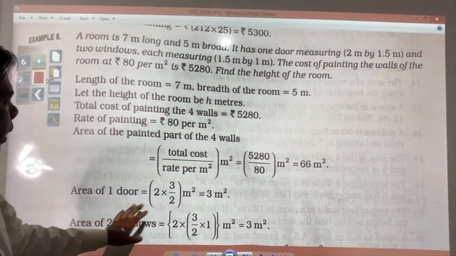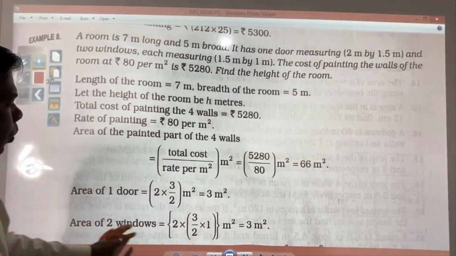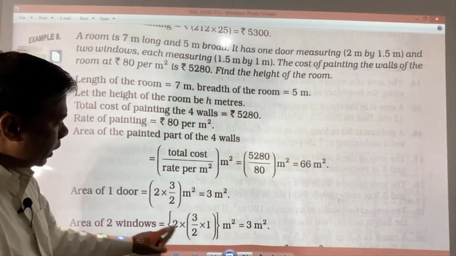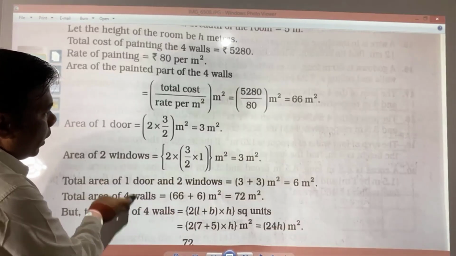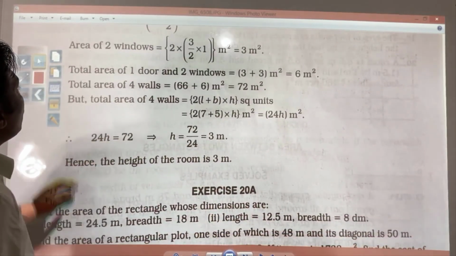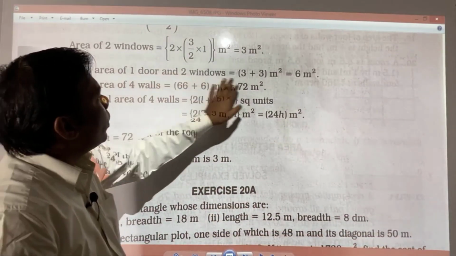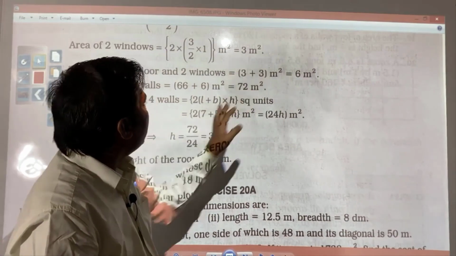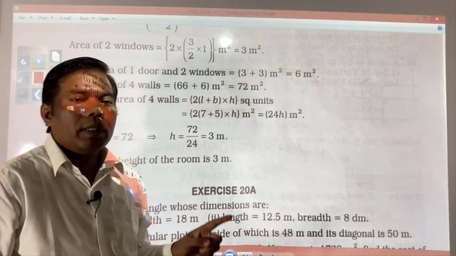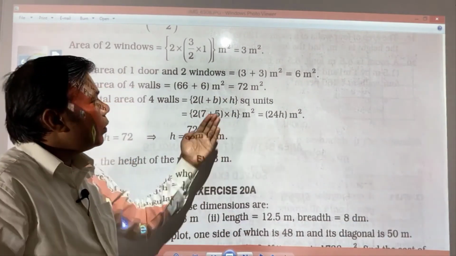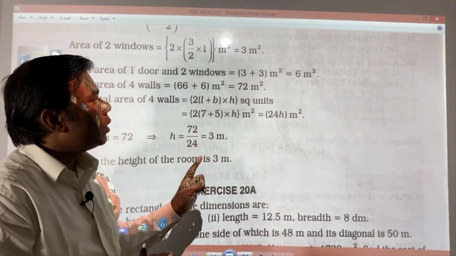Now area of one door is 3 meters square and two windows is 3 meters square. In this already dimension has been given, you can find out. Then total area of one door and two windows is 6 meters square has been added. Now total area of 4 walls will be 72 meters square. So now what we have got? Area of 4 walls.